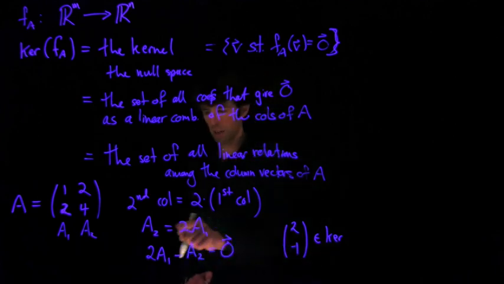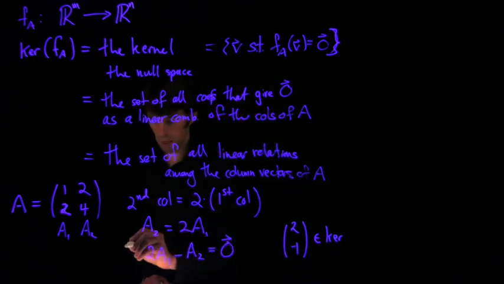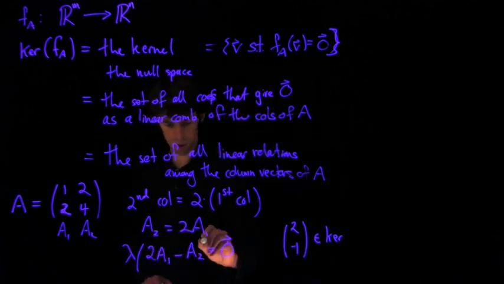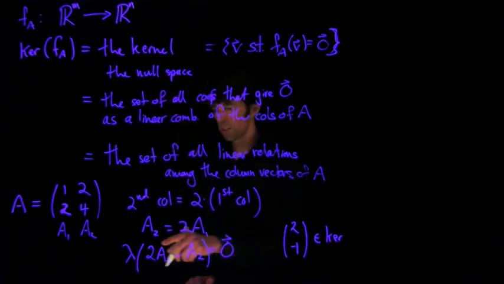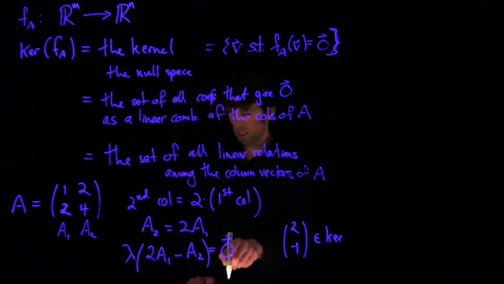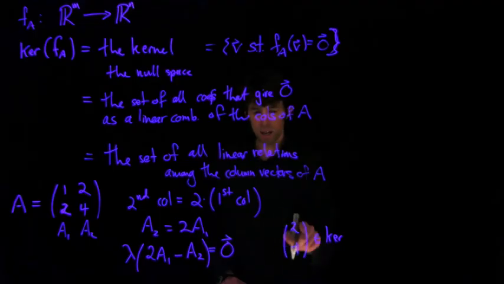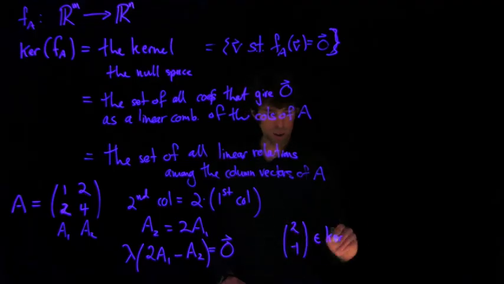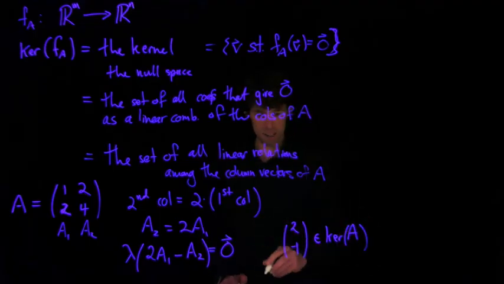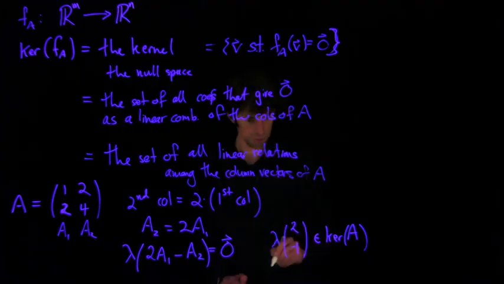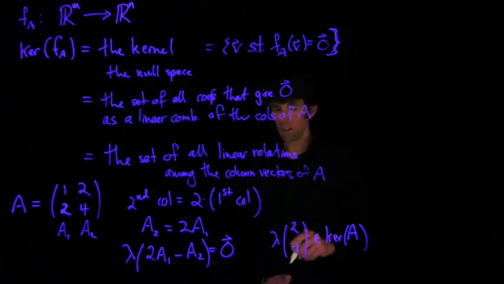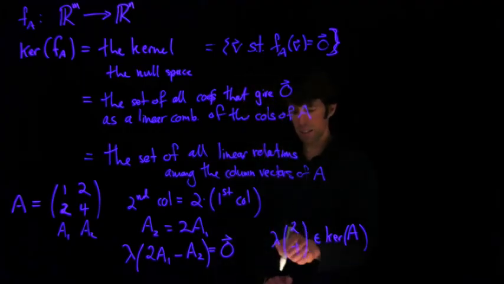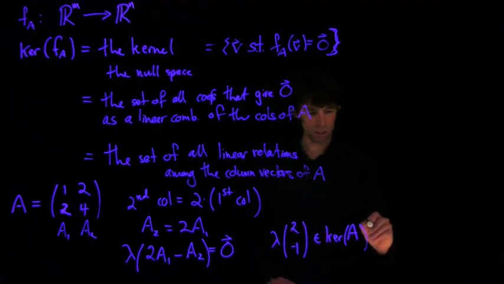Now I can take this linear relation and I can multiply it by any number lambda that I want. And lambda times the 0 vector is still the 0 vector. So any number times this thing is also in the kernel of this matrix A. So what we've shown here is that the span of this vector is exactly the kernel.